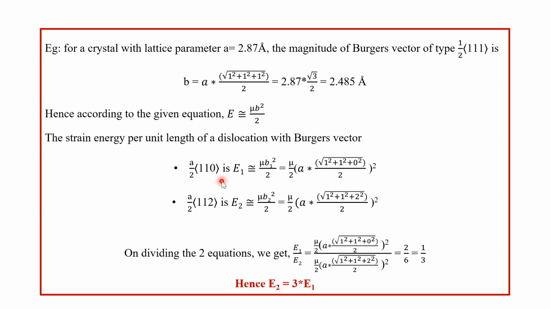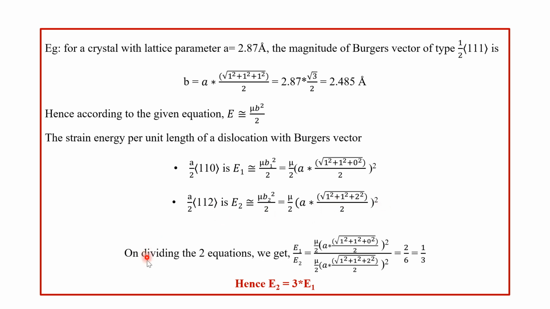Is it clear? Similarly for the next one, that is a by 2 111, what we will write is mu by 2, and for finding the value of b2 we can write a by 2 into root of 1 square plus 1 square plus 2 square, and since it is b2 square, this whole bracket will be squared.